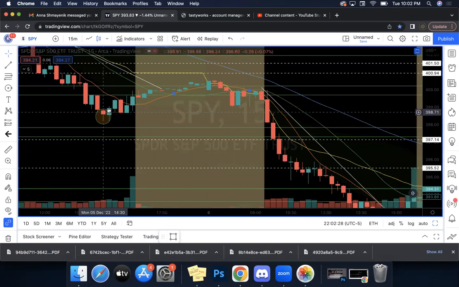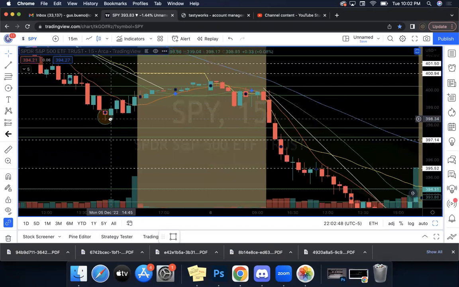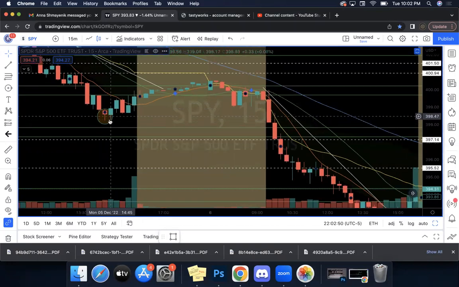It wasn't a huge bounce, but it went at least to my 9. This is my 9 EMA. So it went from 398 all the way to 398.5. That's a good move. So this is an example of a tweezer bottom.